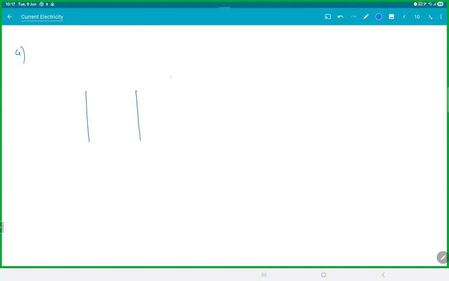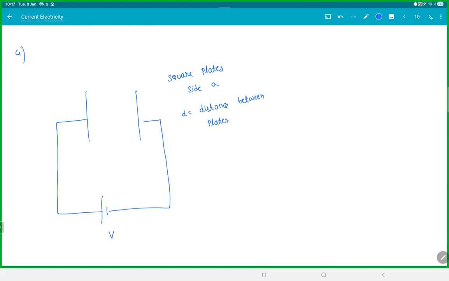We have a capacitor here, square plate of side A. d is the distance between plates. This is connected to a battery with an ammeter.